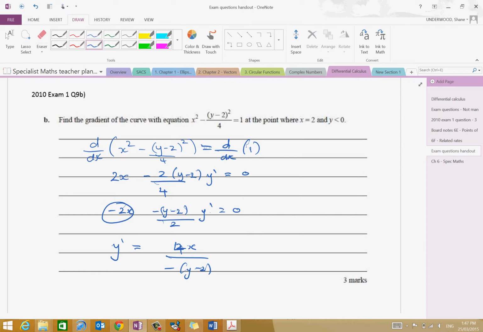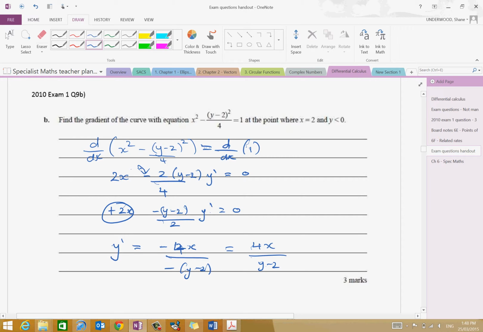From the second to the third line, a negative appeared in front of it. All right, yep, sorry. So, therefore, negative 4x, and that's going to cancel out, and we've got y dash is equal to 4x over y minus 2. Okay, thank you.